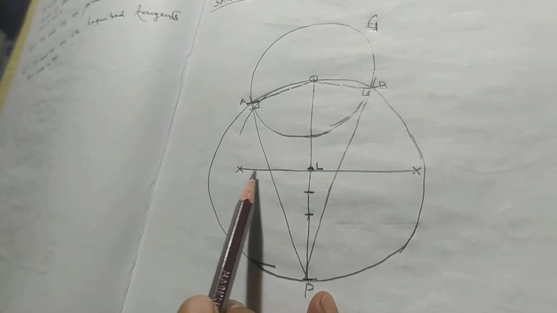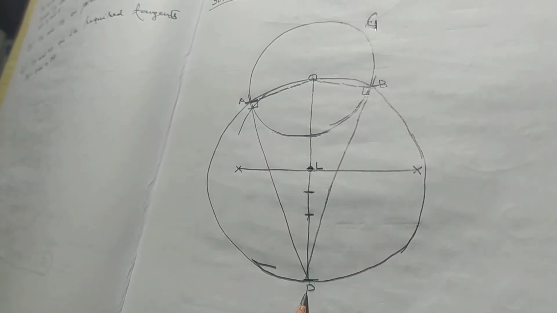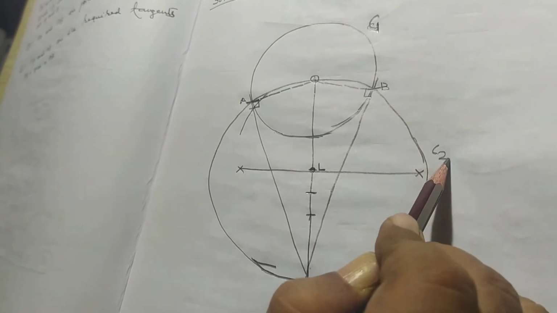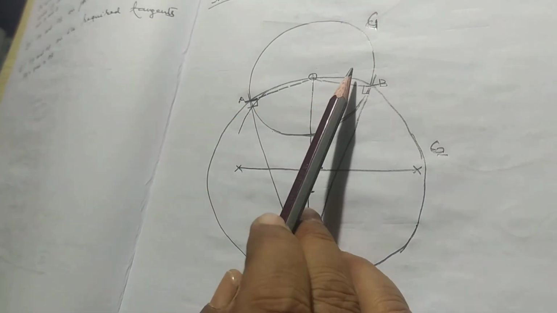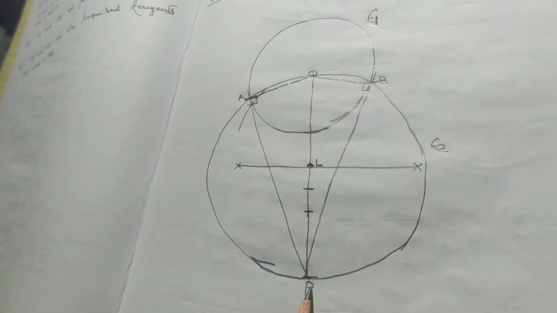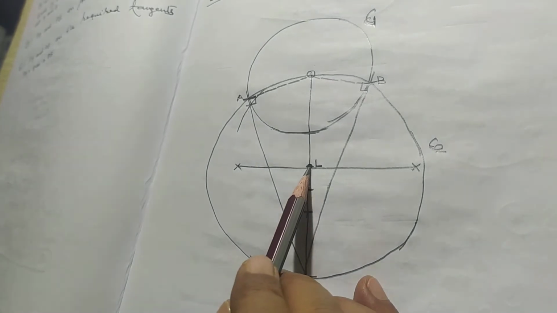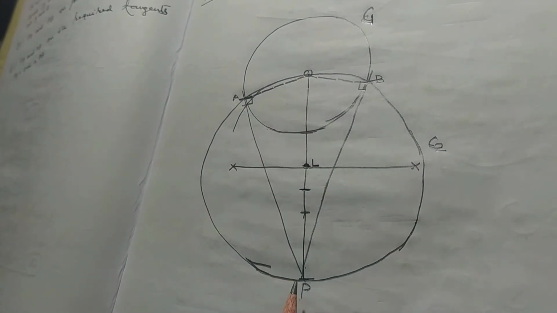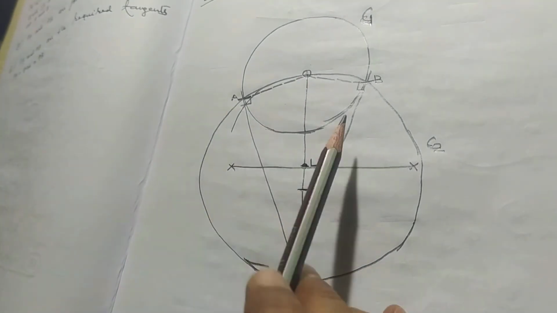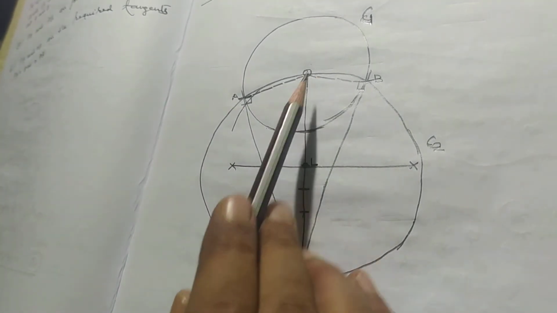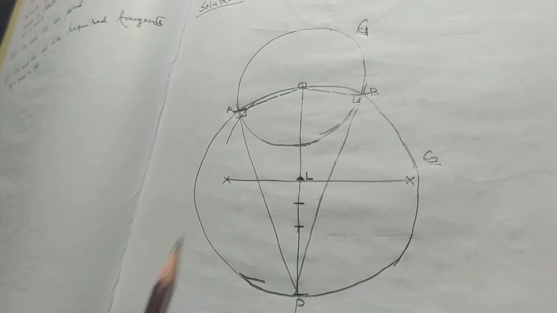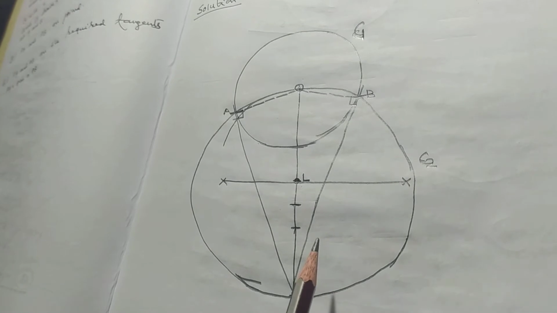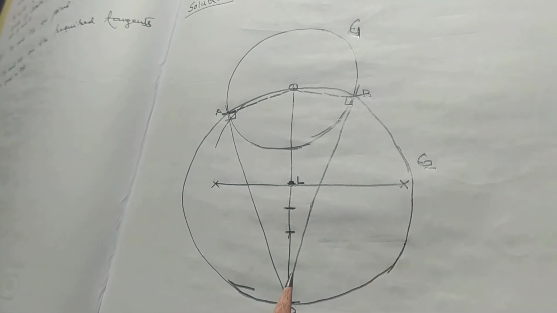We draw perpendicular bisector of the line OP, and a circle C2 will pass through the center O and P, because L is the center of the circle C2. How will you get center? We draw perpendicular bisector of the line OP. Of course, OP will be the diameter of the circle C2.